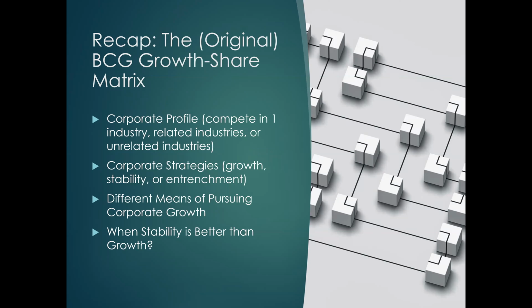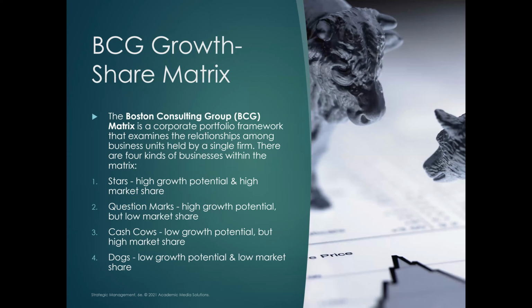Toward the end, we also discussed the fact that stability may sometimes be better than growth. To sum up all these ideas, we used Boston Consulting Group's matrix to identify individual business units, and how they could fit into each of these four quadrants.